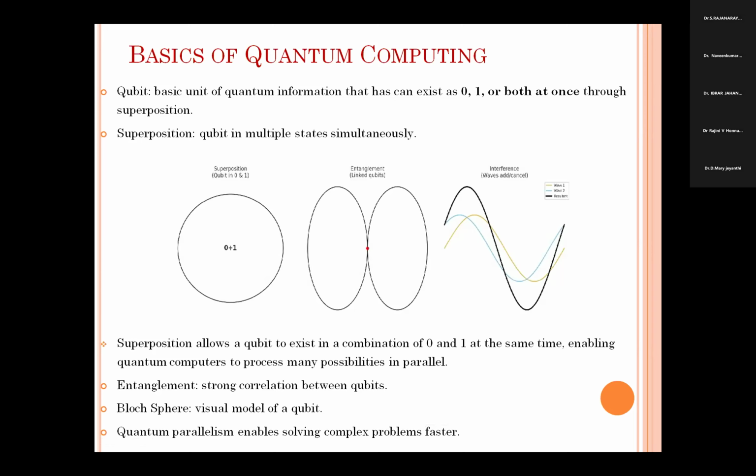Visual model means we graphically represent these applications and show the results visually. Quantum parallelism enables solving complex problems faster.